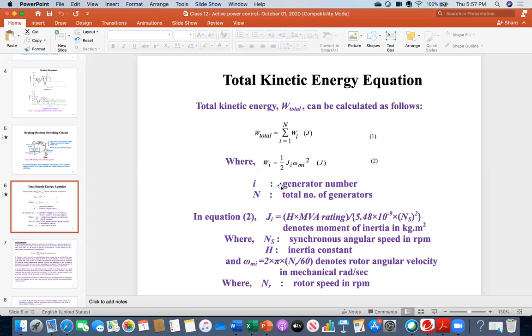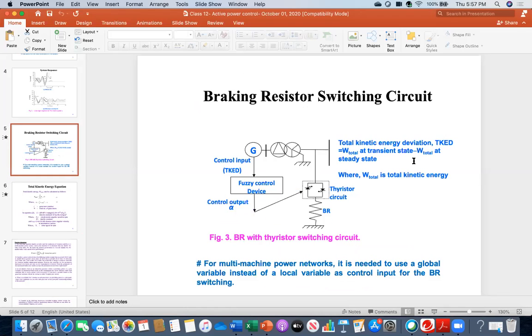Because this is your W total equation, the sum of all the generators' kinetic energy, half Ji WMi square. When there is no fault, Ji, the moment of inertia, is fixed because it has a fixed mass. Speed is also constant when there is no fault or disturbance in the system. Therefore, you are getting a constant number, so your W total is a constant number.